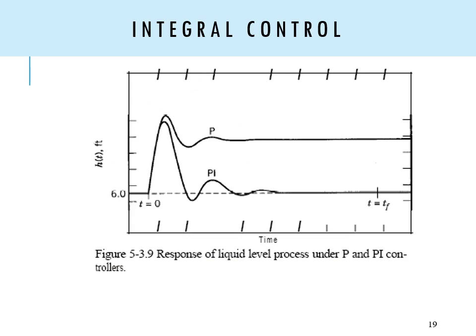The figure shows the response of a liquid level process under a proportional only controller, and also the proportional integral controller. What we can observe from these two types of process response resulting from two different types of controller is that for the P only controller, the process response curve will behave in an offset condition.